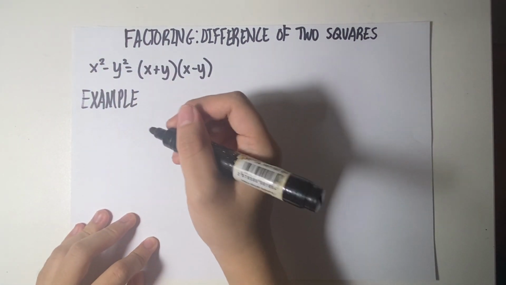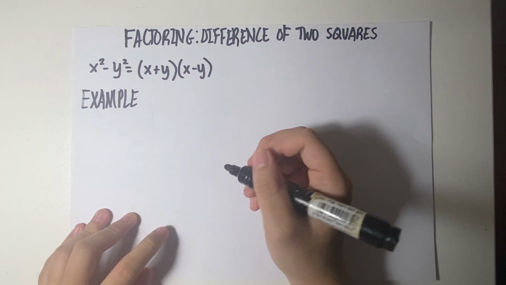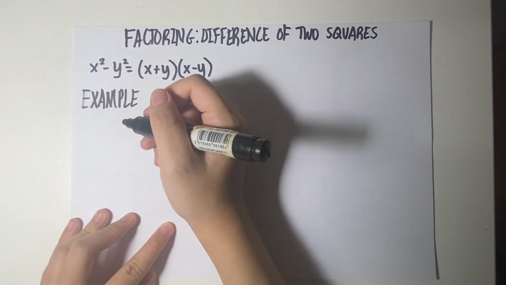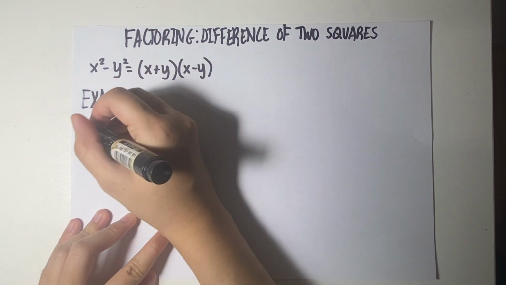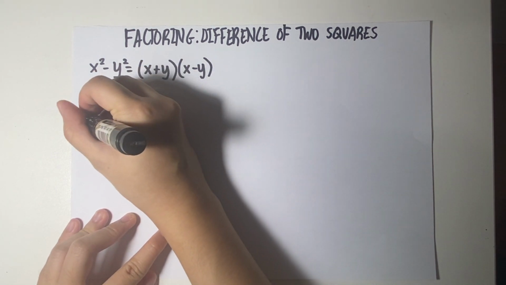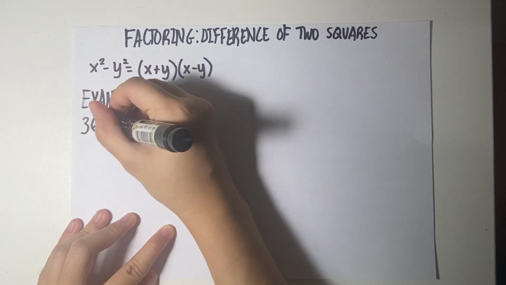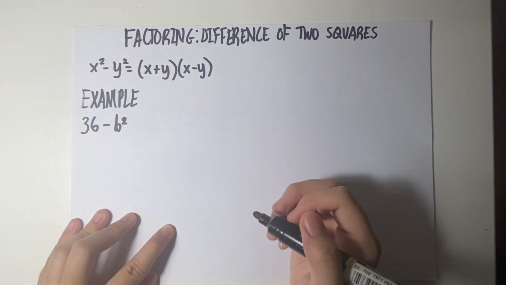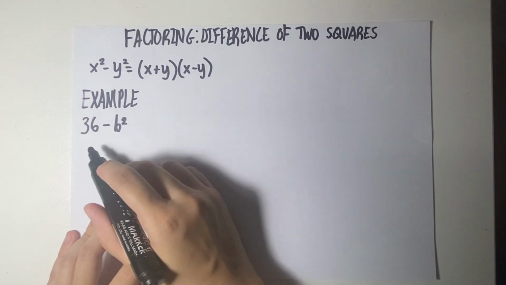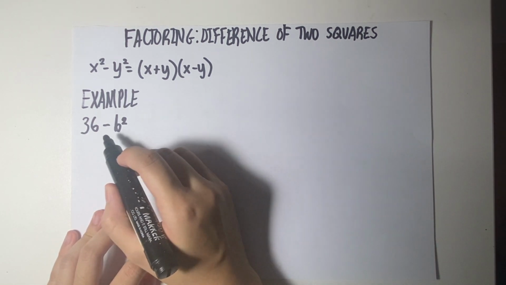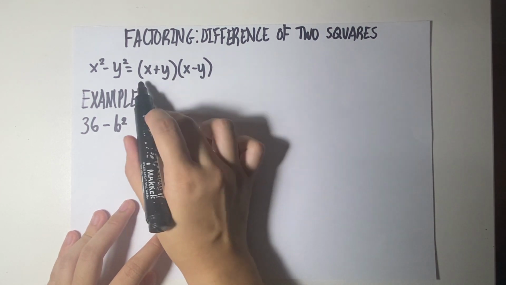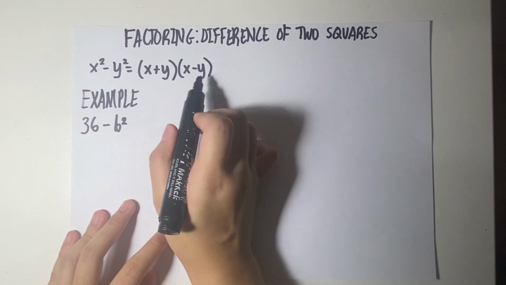So let's look at an example of this. Let's say in our given example, we have 36 minus b squared, and we want to factor it as the product of two binomials.